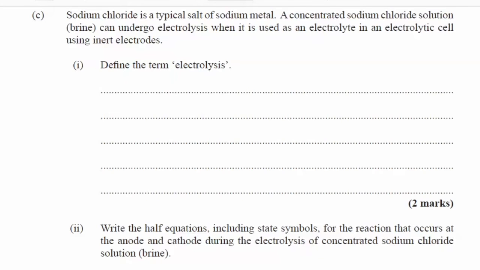Whenever it comes to defining terms, I love to look to see what the words are coming from. If you look at the word electrolysis, you should be seeing two words, electro and lysis. Electro coming from electricity, and lysis, for those who do bio, you would have seen lysis several times. Lysis means to split. So it's pretty much using electricity to split something.